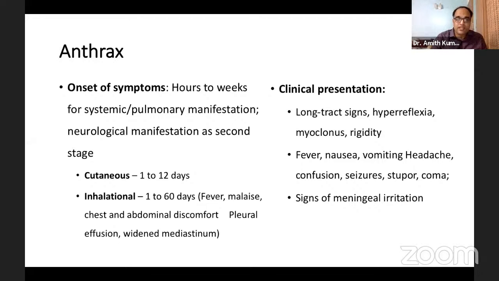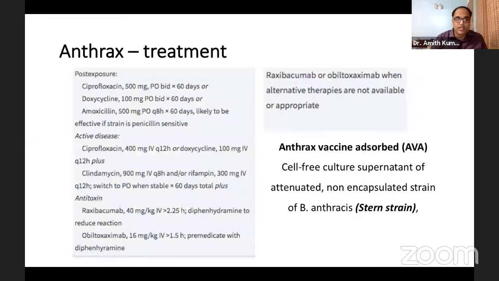So the treatment can be divided into two: post-exposure and active disease. In case of post-exposure, we can use either ciprofloxacin, doxycycline, or amoxicillin, and we should understand that it is for 60 days, that is, 2 months. In active disease, we can use a combination of ciprofloxacin or doxycycline, clindamycin, or rifampicin.